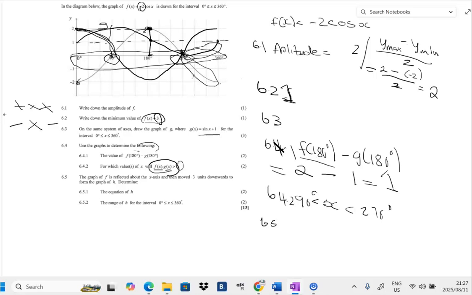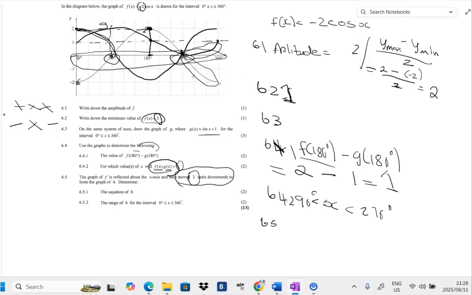But then there's another important piece of information. They say you reflect the graph and move it 3 units down. So now there is a vertical shift of 3 units down.